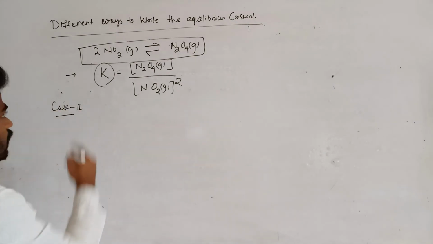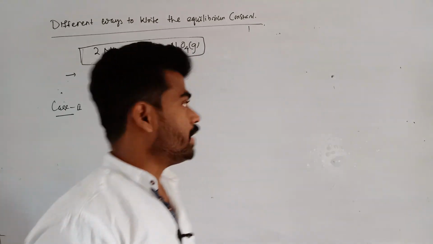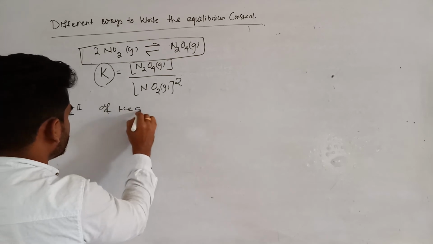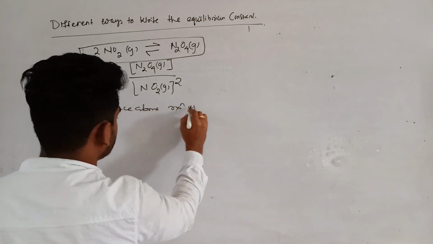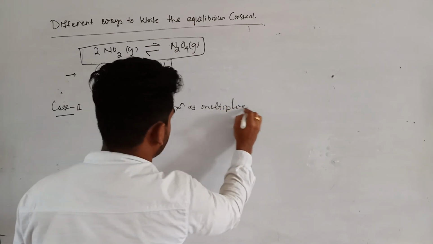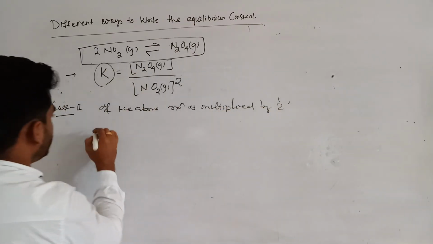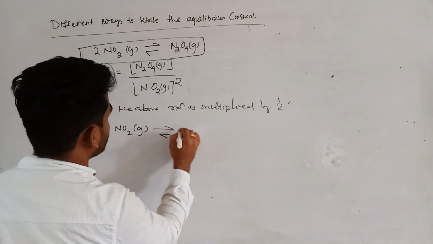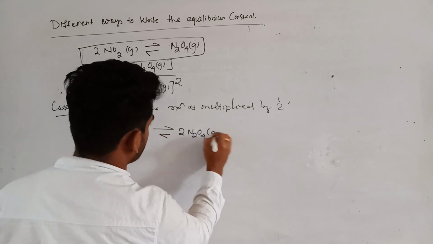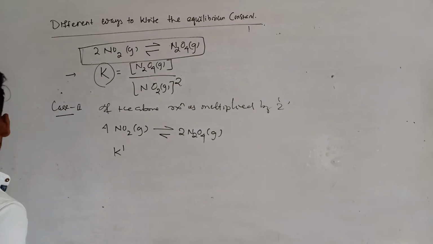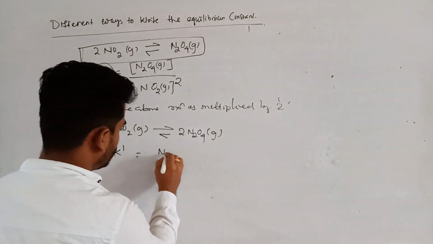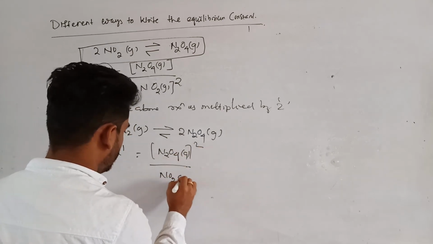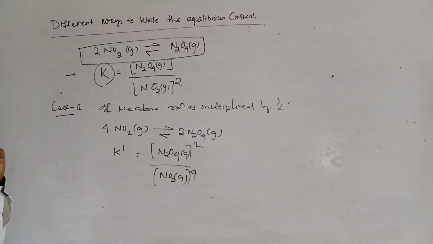Okay. Case 2 I am considering. If this reaction is multiplied by some factor, let's say I am multiplying this equation with 2. If the above reaction is multiplied by 2, what can I write? 4NO2 gas gets converted into 2N2O4 gas. Now the new equilibrium constant, let's say K dash, will be equal to N2O4 square upon NO2 to the power 4.